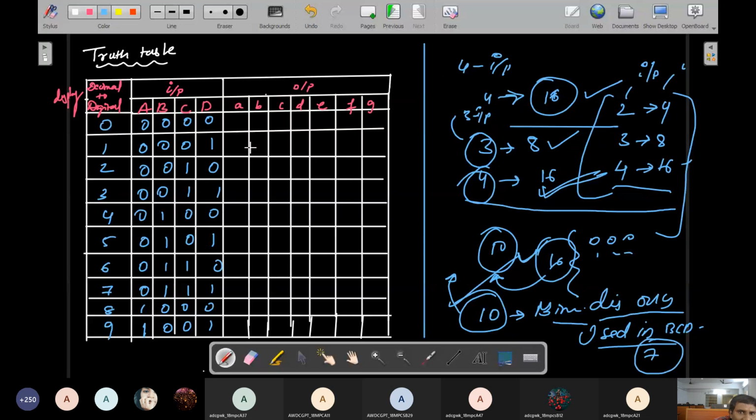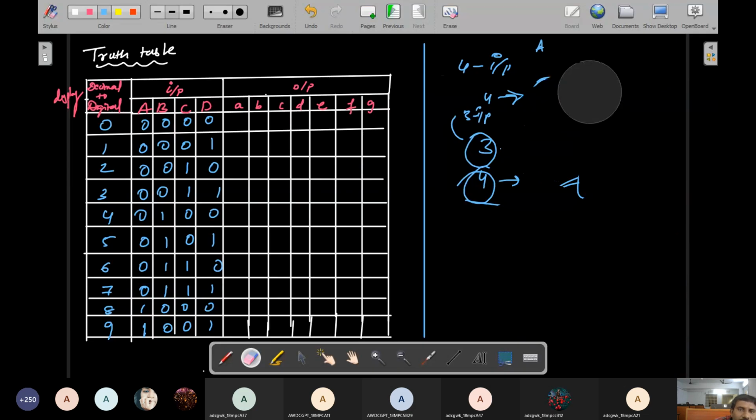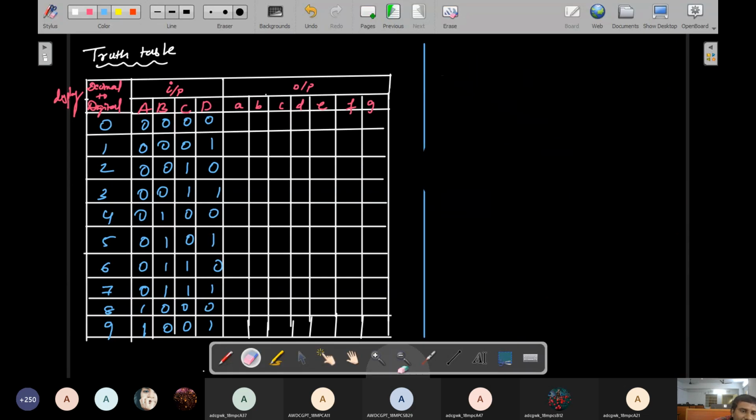So in case of A, I'll arrange these things. Simply I tell you the trick. See, in the A terminal, first 7 inputs, 7 digits, simply write 7 digits.